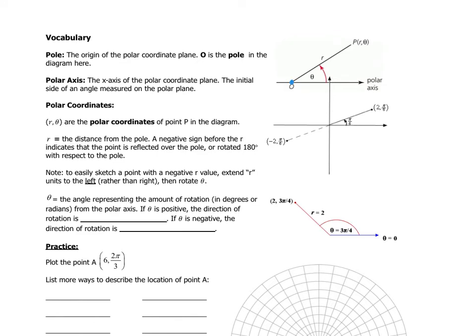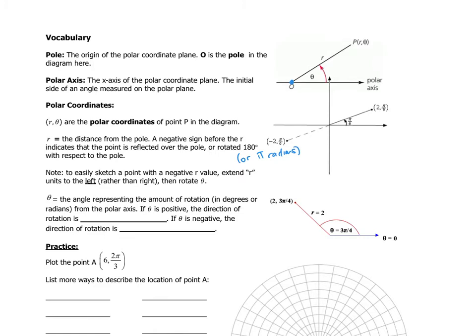A negative sign before the r indicates that the point is reflected over the pole or rotated 180 degrees, or we could say π radians from the pole. So what you're really going to do is reflect the point over the origin for a negative r value.